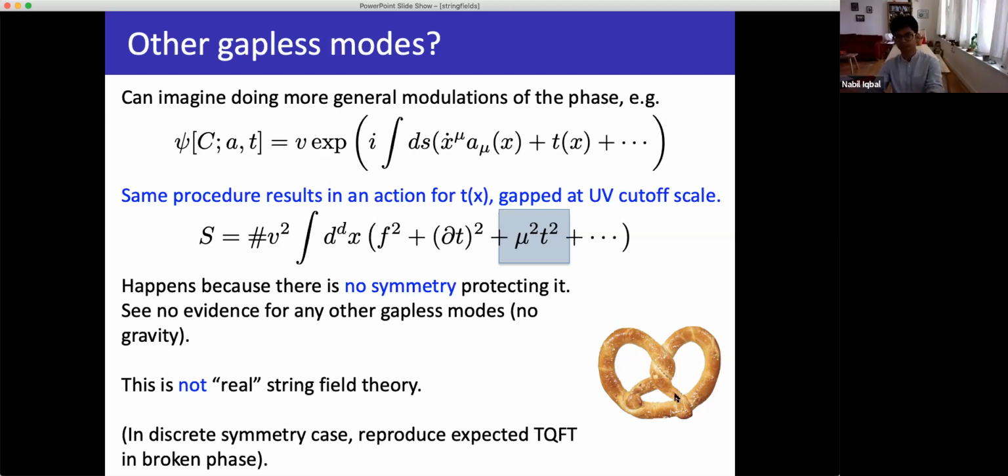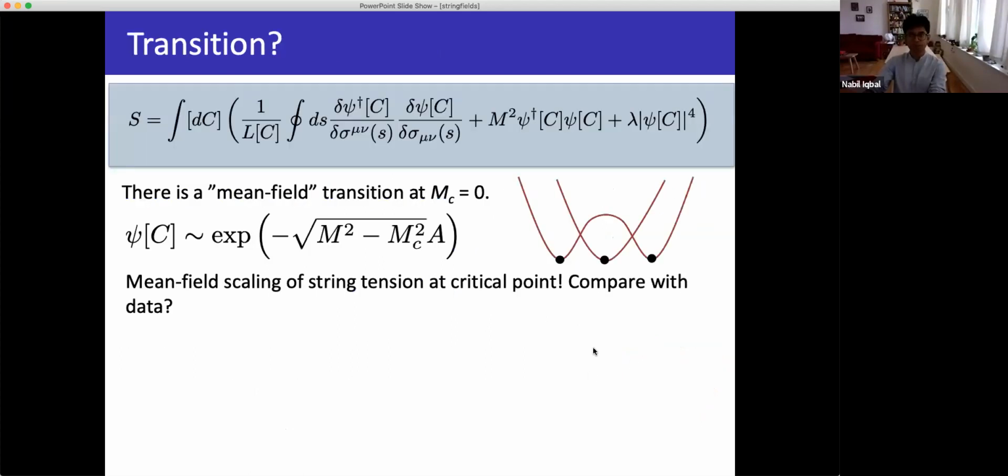Okay. All right. So I'm almost done with the results. But let me now say one more thing. You might now be curious about the transition, right? Because I now have a mean field theory. You might be curious, does this mean field theory correctly describe transitions where the symmetry is spontaneously broken?